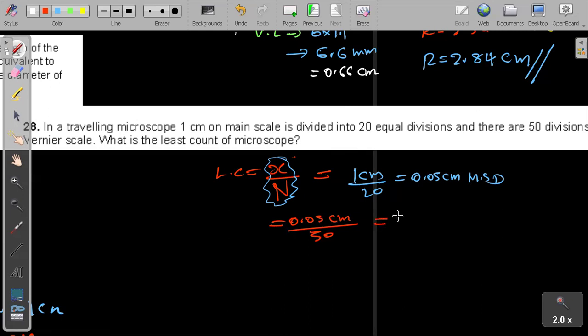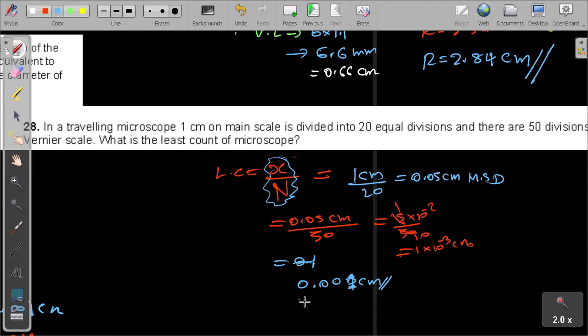Now let me multiply 5 into 10 to the power minus 2, divided by 50. It is like 1 into 10 to the power minus 3 centimeter, or 0.001 centimeter, which is the least count of the microscope.